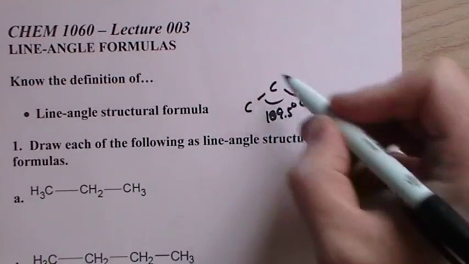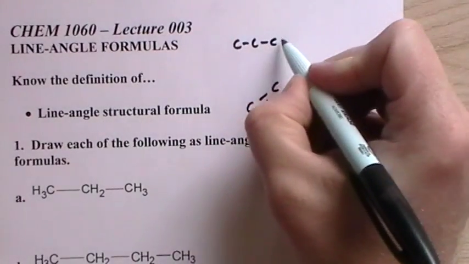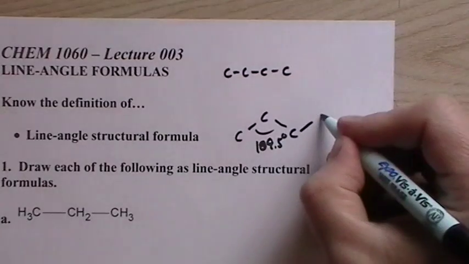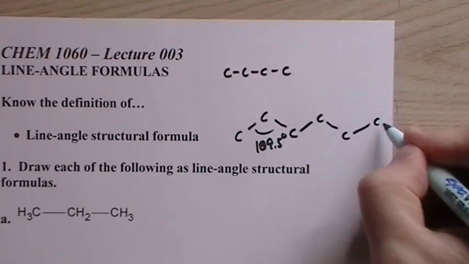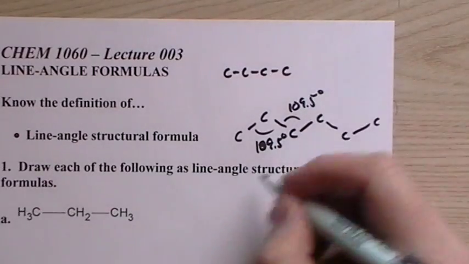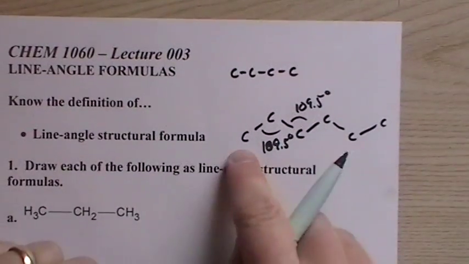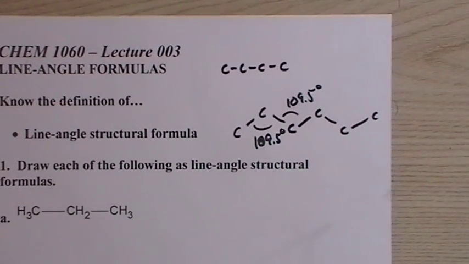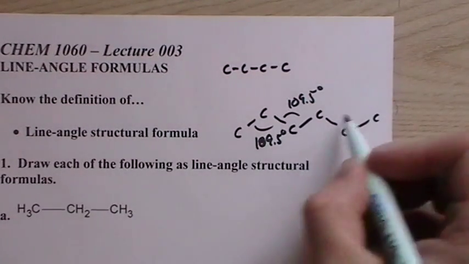And so we've been drawing the carbons like this. They don't occur in a straight line. Can't have it in a straight line. As you move along, carbon to carbon, there's always a bend as you go. This is 109.5 degrees and so on. So when they say a straight chain molecule, they're kind of lying to you. You can never get them in a perfectly straight line. There's always that kink.